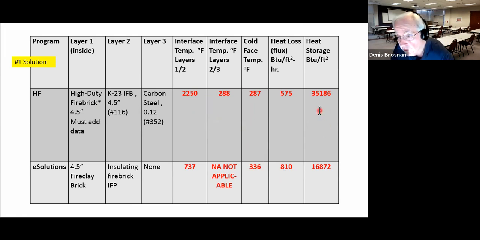Heat storage 35,000 BTUs per square foot or thereabouts with heat flow, and we only got about 17,000, about half, with eSolutions. So we're getting some different numbers. There are some explanations for that.